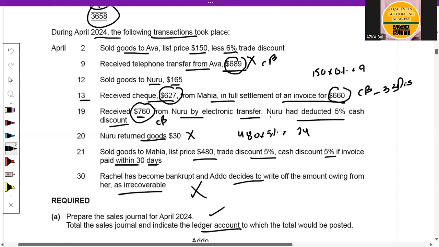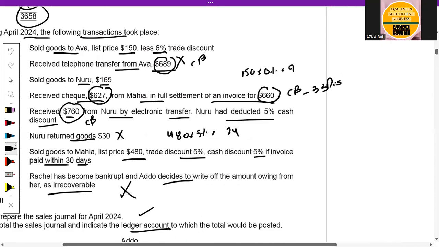Received 760 from Nuru by electronic transfer. Nuru had deducted 5% cash discount. So now we have to see what would be the 5% of this 760. 760 is the amount which we received after allowing discount.